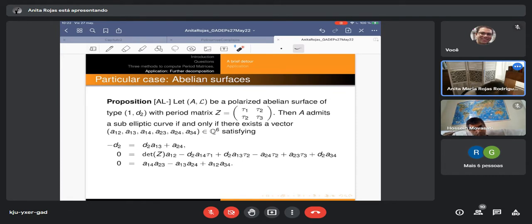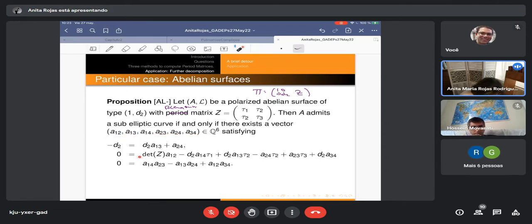But the thing is that, well, here it should have said the Riemann matrix, because the period matrix is sort of like that, and then Z here. That is the period matrix. This is the Riemann matrix, a symmetric matrix with positive definite imaginary part. And A admits an elliptic curve, because we are dealing with a surface, if and only if there is a rational vector satisfying these equations.